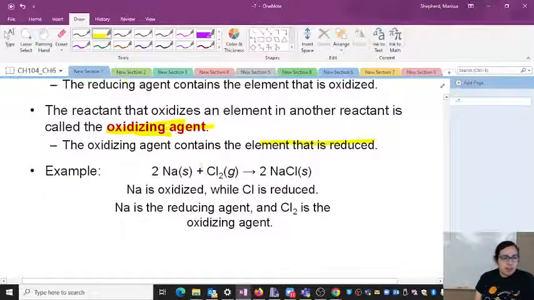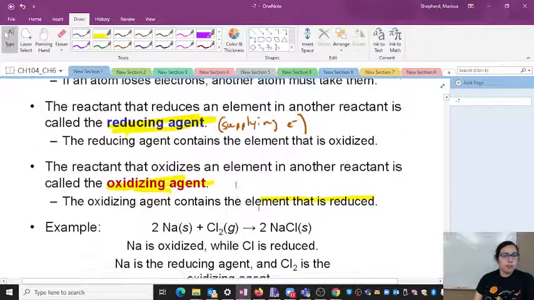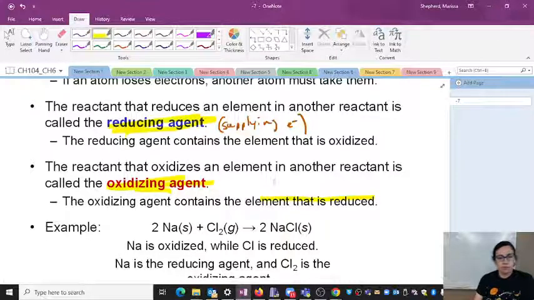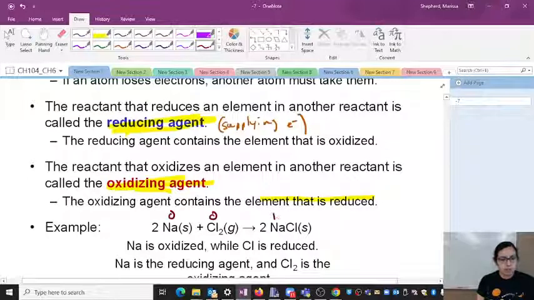So in this case of sodium and chlorine, who's the reducing agent? Think back to their oxidation states. Their elemental form is 0 and 0, then +1 to -1.